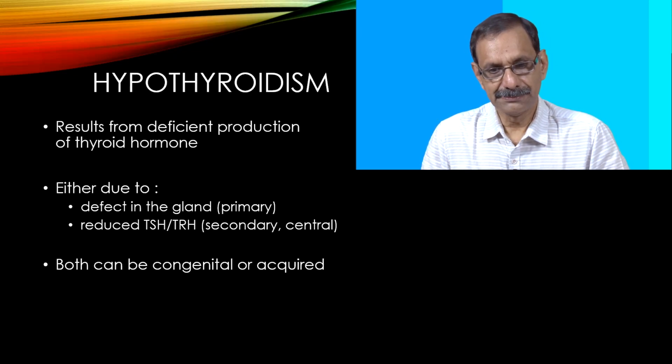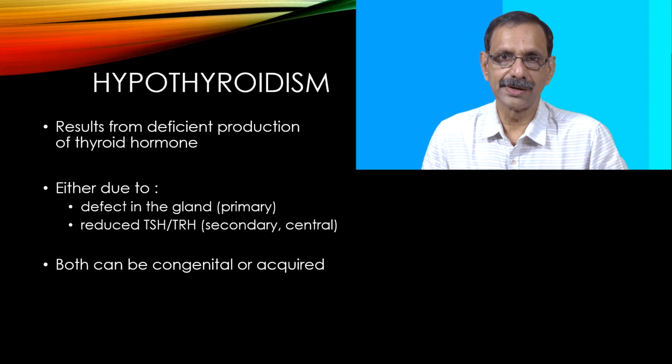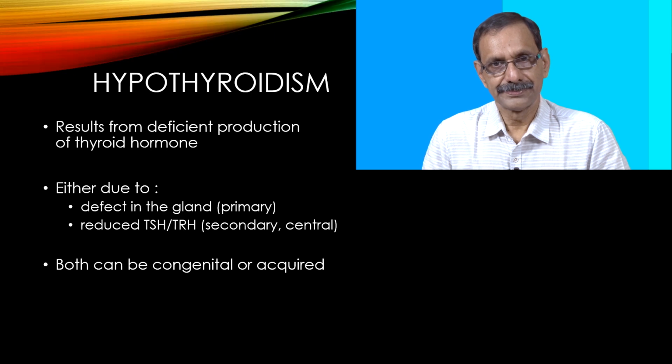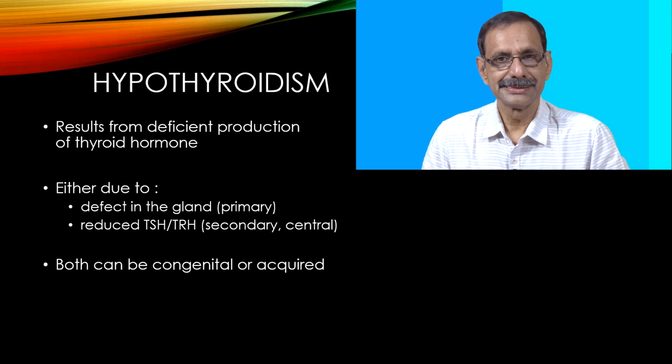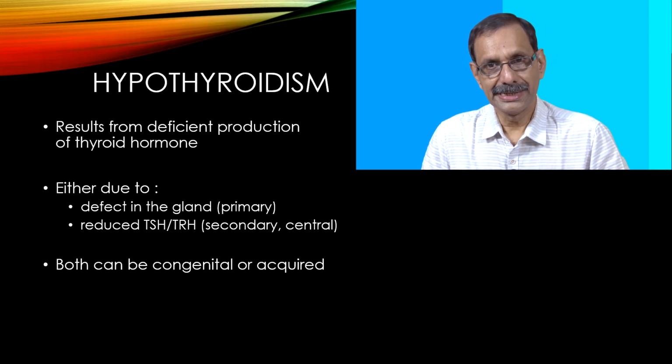So hypothyroidism, or the decreased production, could be either due to a defect in the gland, then you call it primary, or there is reduced stimulation of the gland from the pituitary or hypothalamus, that is TSH or TRH is decreased. Then you call it secondary hypothyroidism.